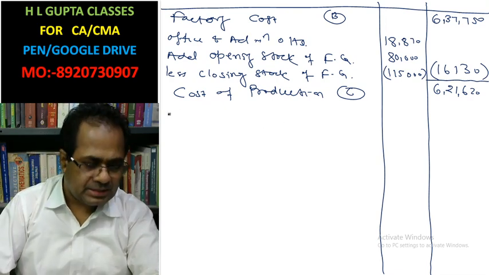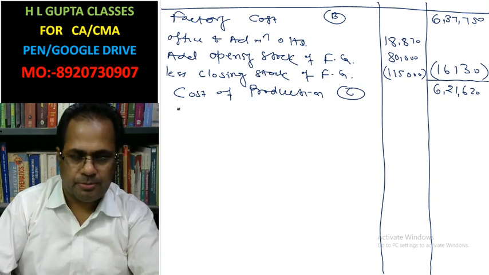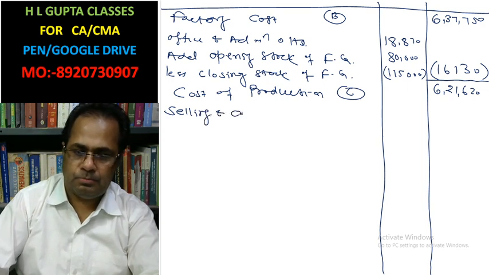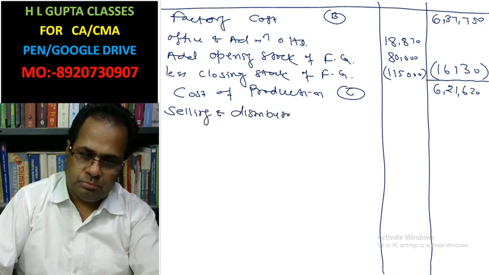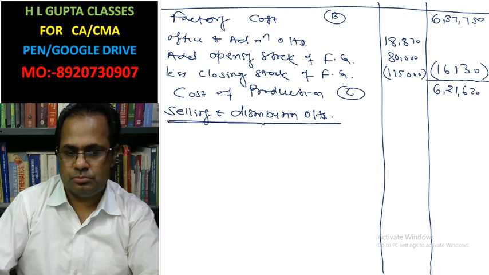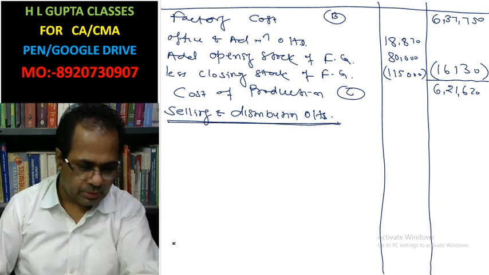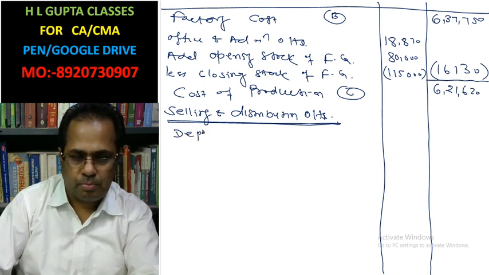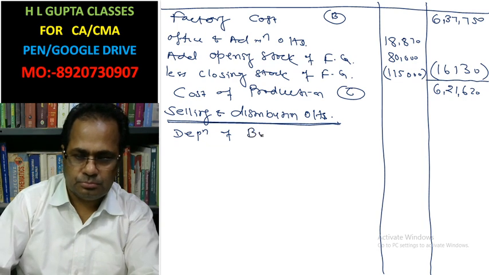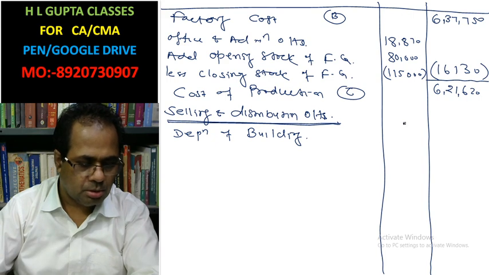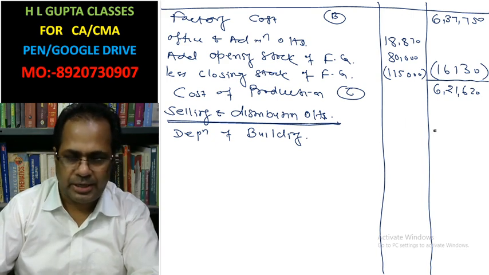Now, selling and distribution overhead. Depreciation of building 800.